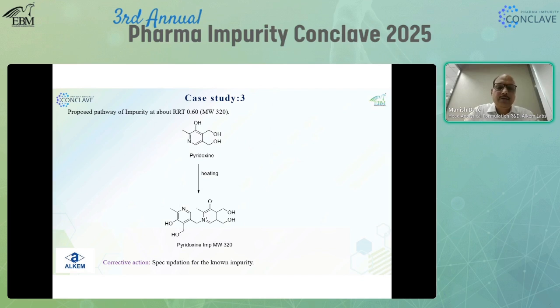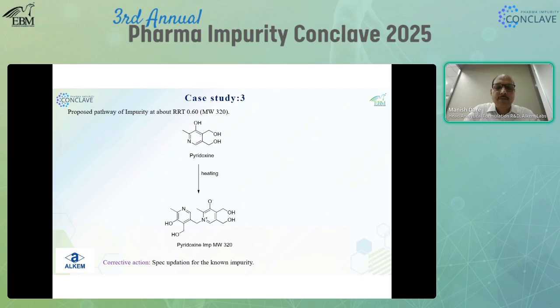So using the hypothesis analysis and the investigation, we came to know that the pyridoxine would be the molecule which is going to degrade in the presence of heat, and this particular impurity is going to be formed, where the mass is matching with the particular structure.